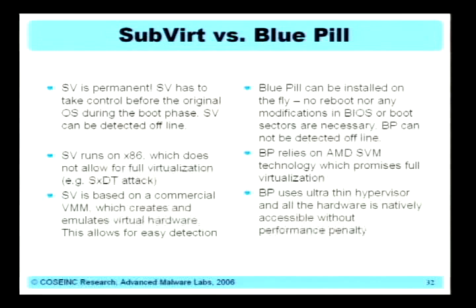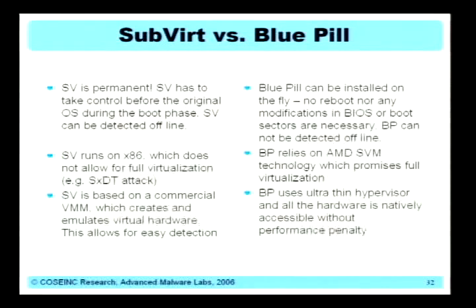For example, I implemented a little program called Redpill a few years ago, which can be used to detect a virtual machine by just using a design issue with this. Because x86 architecture doesn't allow for full virtualization, because there are sensitive instructions which are not privileged. On the other hand, BP relies on hardware virtualization, which promises full virtualization.